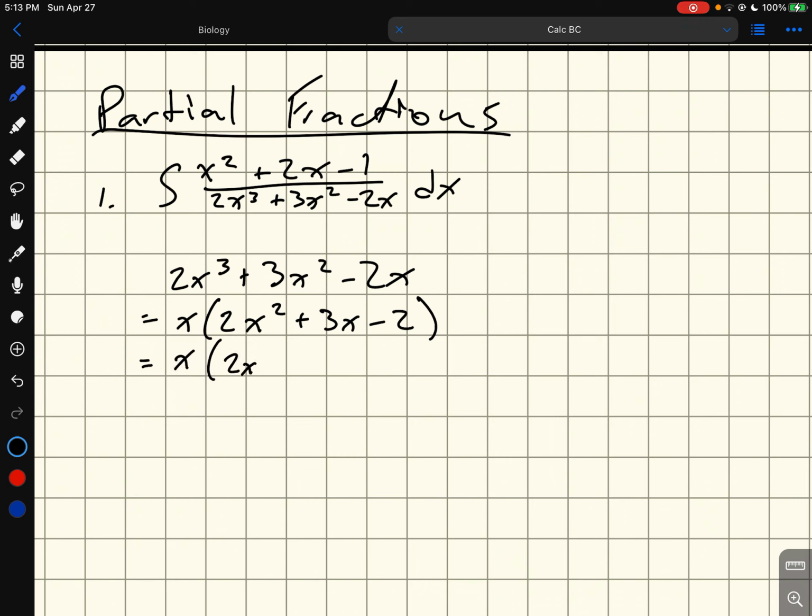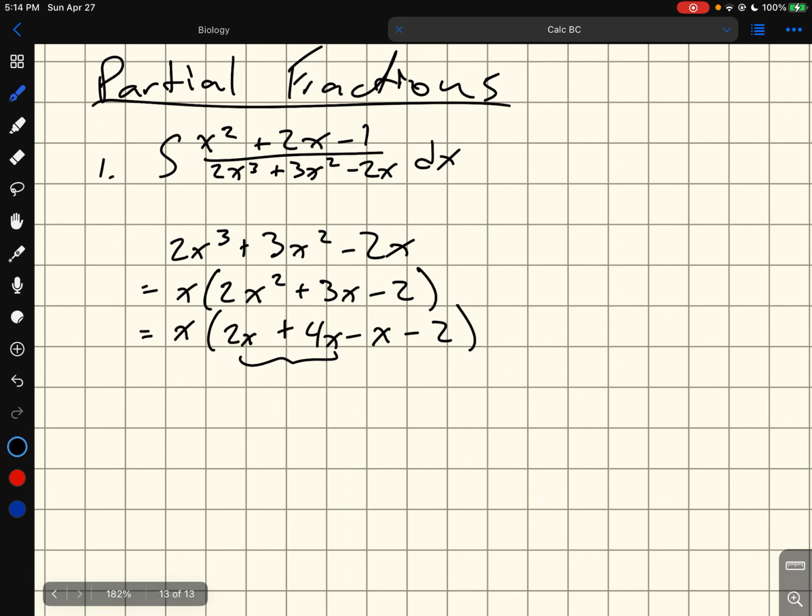So 2x times an x. We need two numbers that multiply to this and add up to 3. Okay, so basically we can't factor that. So now we're going to do some cheeky thing. 3x is the same thing as 4x minus x, and then we have our minus 2 on the end.